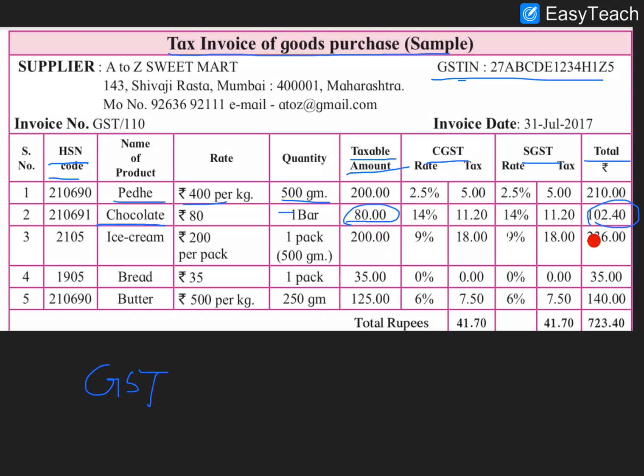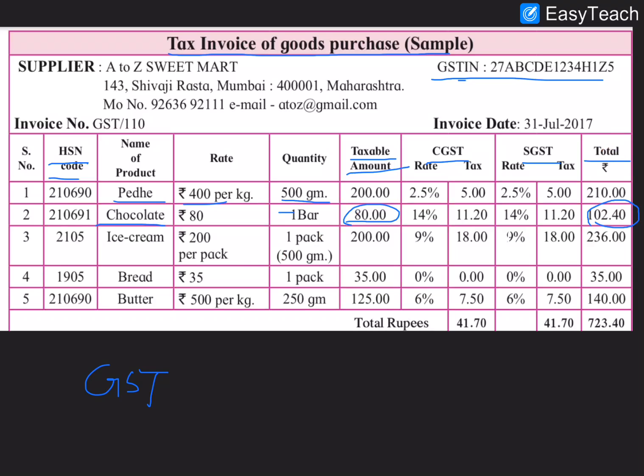So 36 rupees we pay as GST. In this 36, 18 goes to the central government as CGST and another 18 goes to the state as SGST. So 18 plus 18, that is 36 rupees we pay as GST on one pack of ice cream.